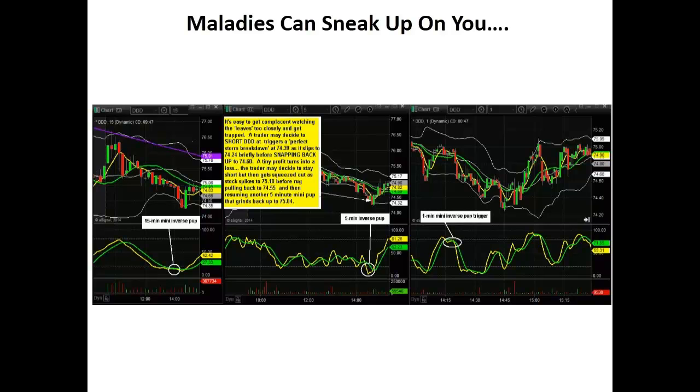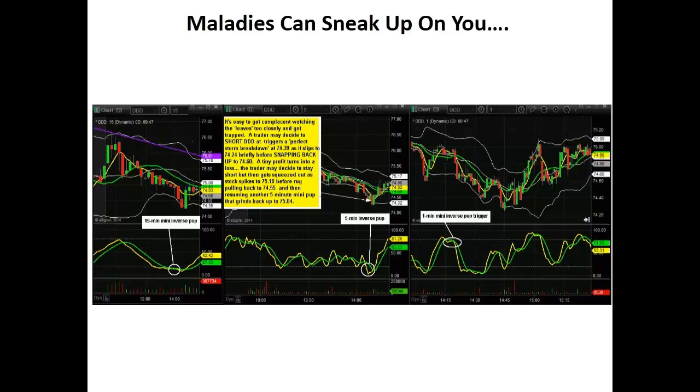You notice that the 5 minute has been in a downtrend, all the way down to that 74.50s area, the Stinky Fives lower range. And you also notice that the 1 minute is not getting much by way of bounces. So at this point, it's very easy to look at the charts: the 15-minute chart shows a mini inverse pup. The 5 minute shows an inverse pup that's starting to form on a 74.40 break. 74.40, you already know, that's the Stinky Fives area. If they break that, that could open up the floodgates.